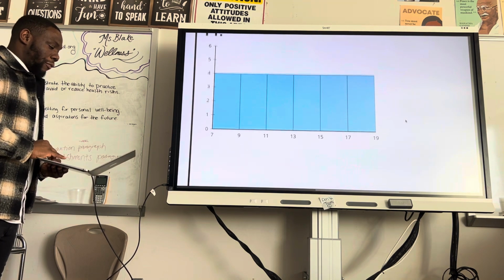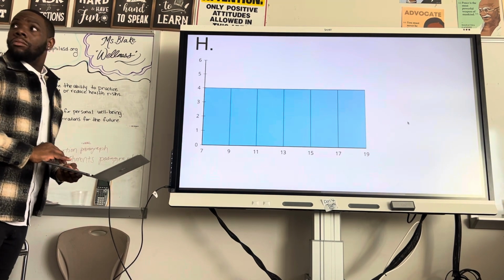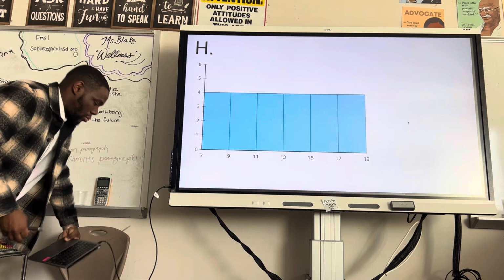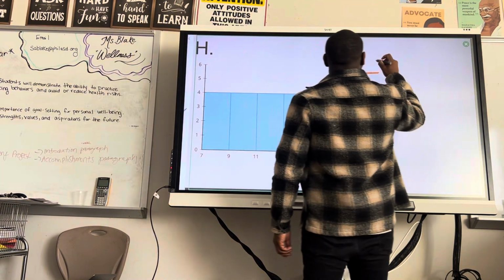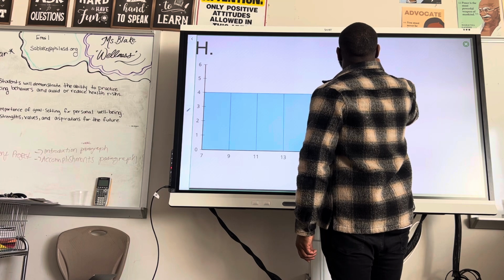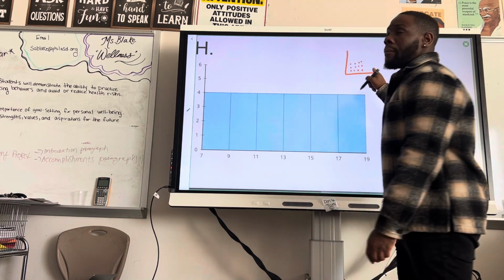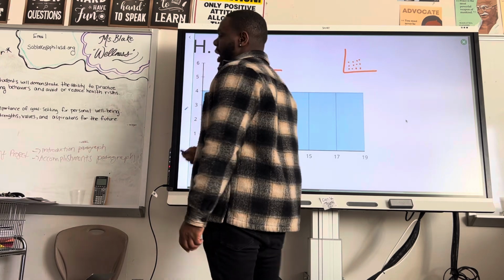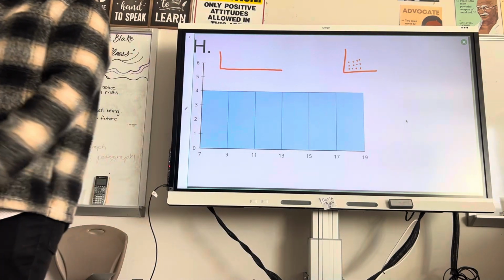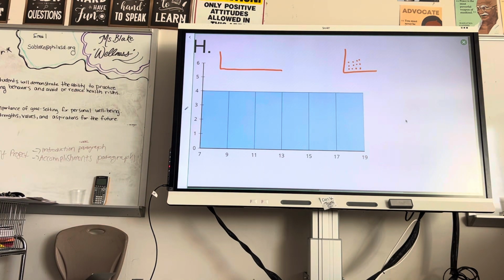All right, for this graph here, we have a dot plot. It looks exactly the same. Y'all saw it earlier. All right, and then we had, what's the last one? A box plot, okay? Now, a lot of people don't understand the uniformity of a box plot.